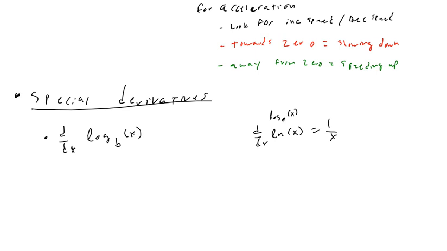So log base e is ln. Well, what if it's like base 2 or base 10 or base 5 or some other logarithm? What's the derivative of that? Well, this is 1 over ln b times 1 over x. Let me just verify.